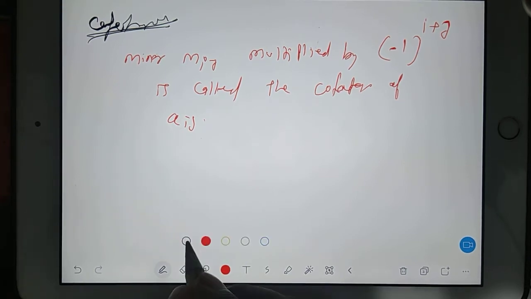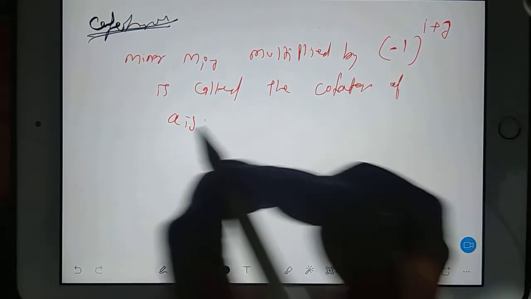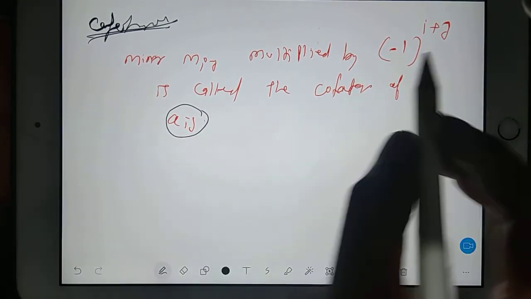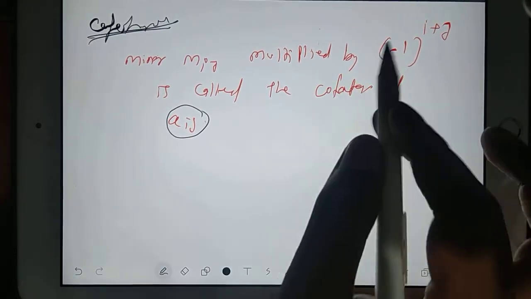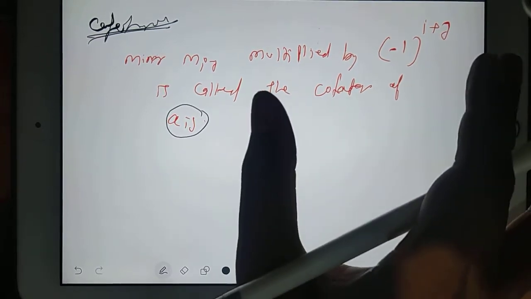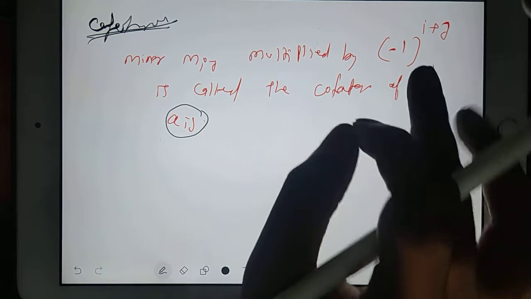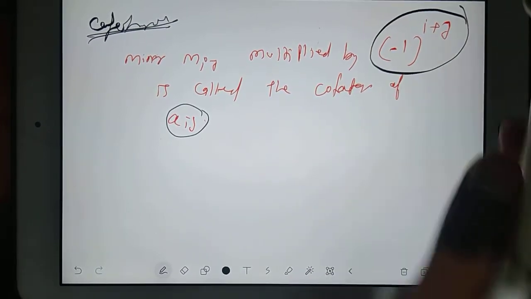Now there is a difference between minor and cofactor. The minor is just the matrix part that you get. But in the cofactor, you introduce the minus sign also properly with this concept.